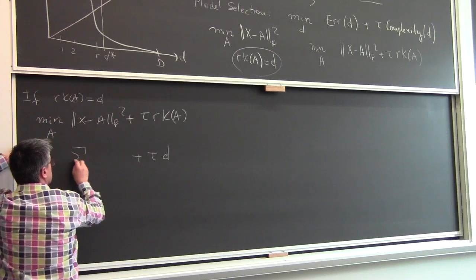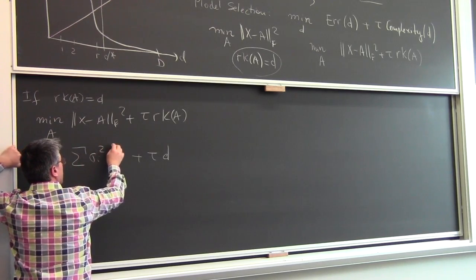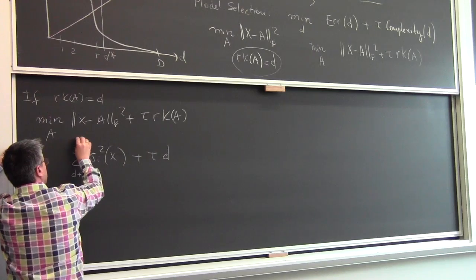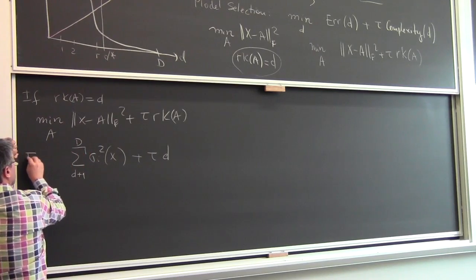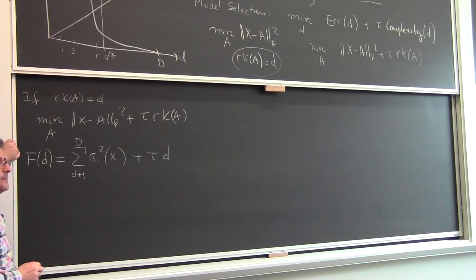So this is just the sum of sigma i squared of X from D plus 1 to capital D. And that is my function of D that I would like to use. Okay?